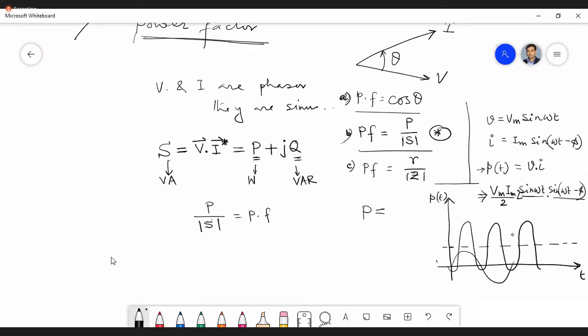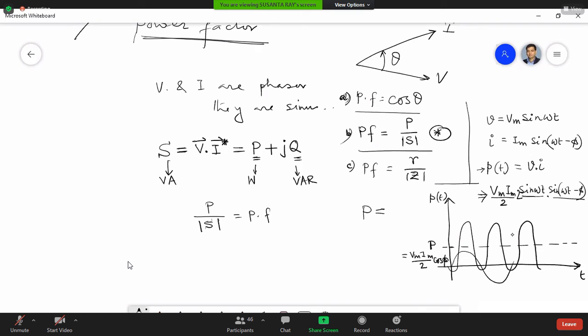Okay, and this bias is actually called active power, which comes as Vm Im by 2 cos phi, that is Vm by root 2 times Im by root 2 cos phi, which is V I cos phi. So this is how the active power can also be derived from the instantaneous power by taking the average of it.